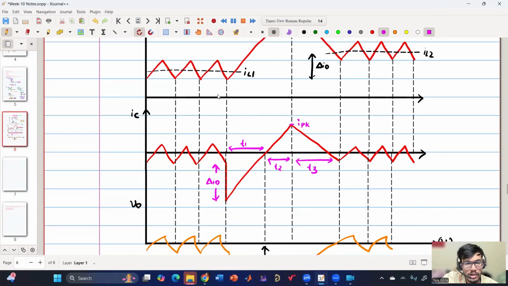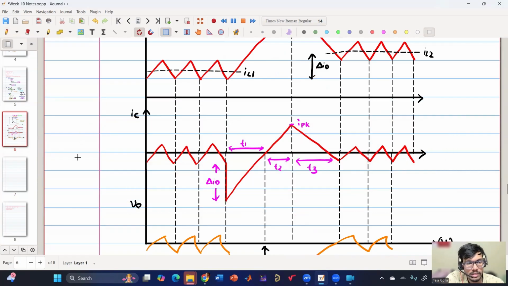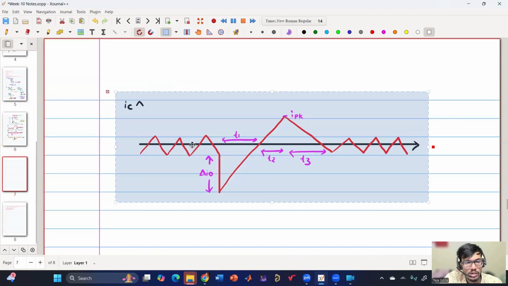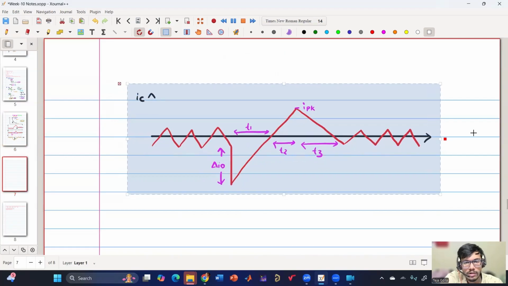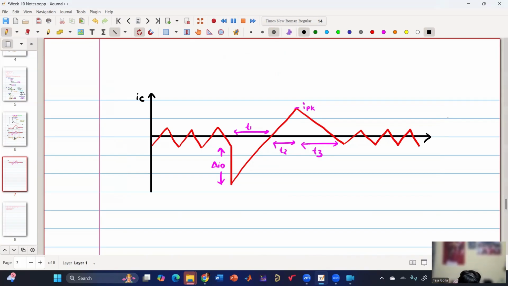Now let me copy only this IC part. And using this IC, we are going to calculate certain things. You know capacitor charge balance. Again, we are making one assumption.